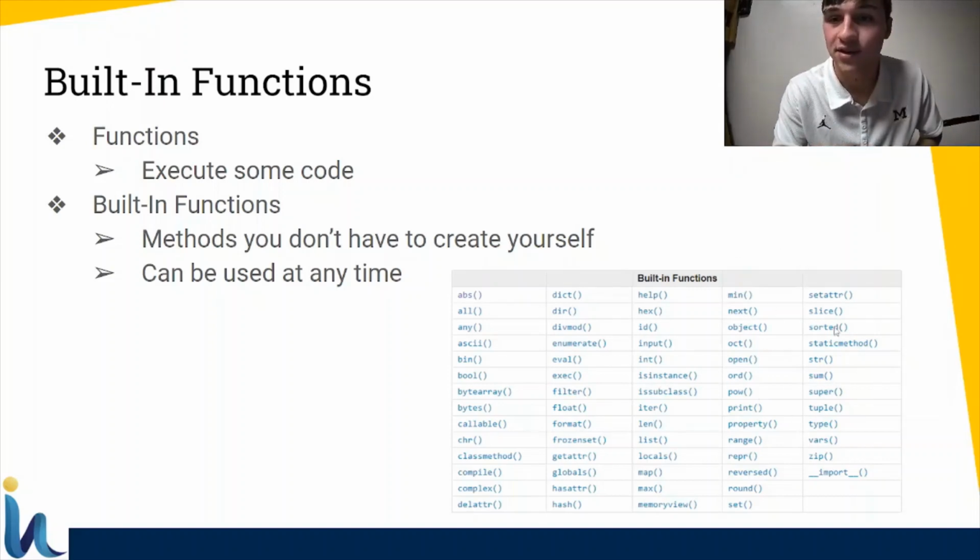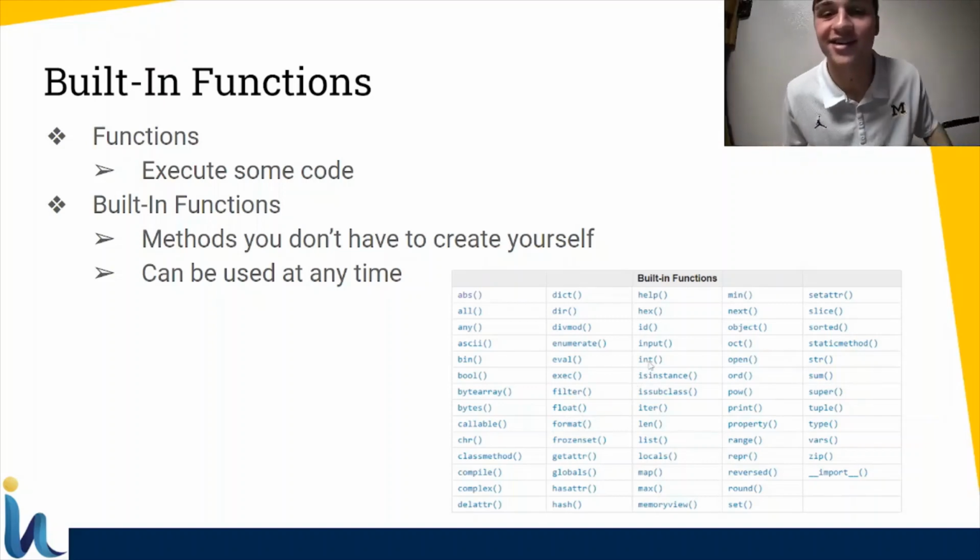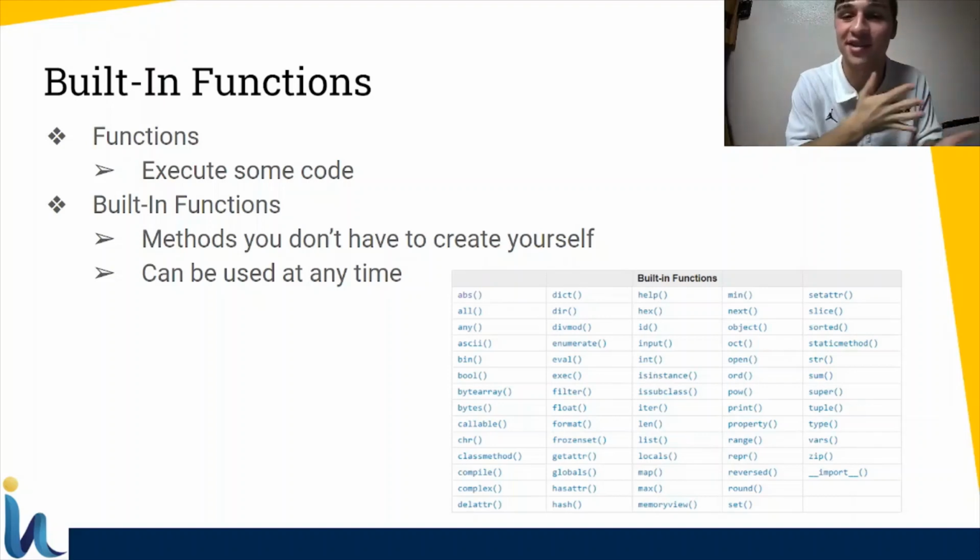There are a lot of useful ones here. I use str a lot because that converts a number into a string, so you can use it in concatenation in print statements. And the same with float and with int, it'll set either an int or a float as the opposite, pretty much. It's kind of like casting in Java.